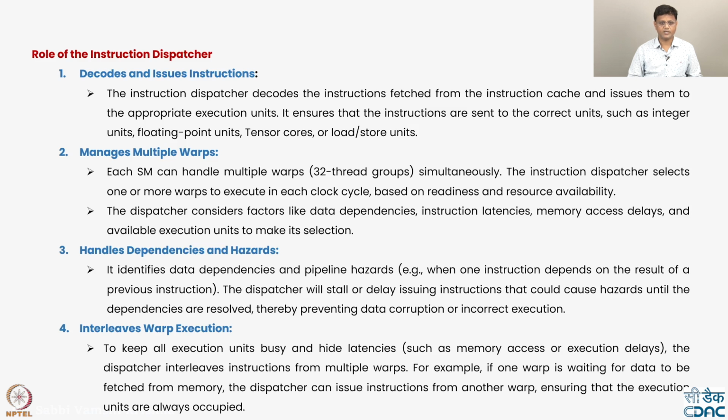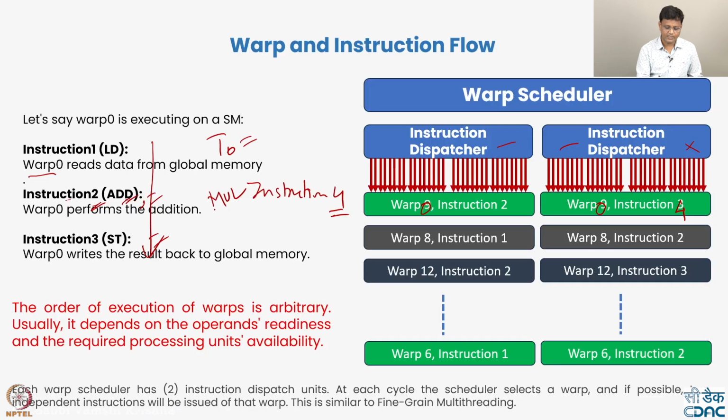Next is handling dependency and hazards. It identifies the data dependencies and pipeline hazards, which I just discussed in this part here. Earlier I was performing the add operation, so there is some kind of dependency on resources.